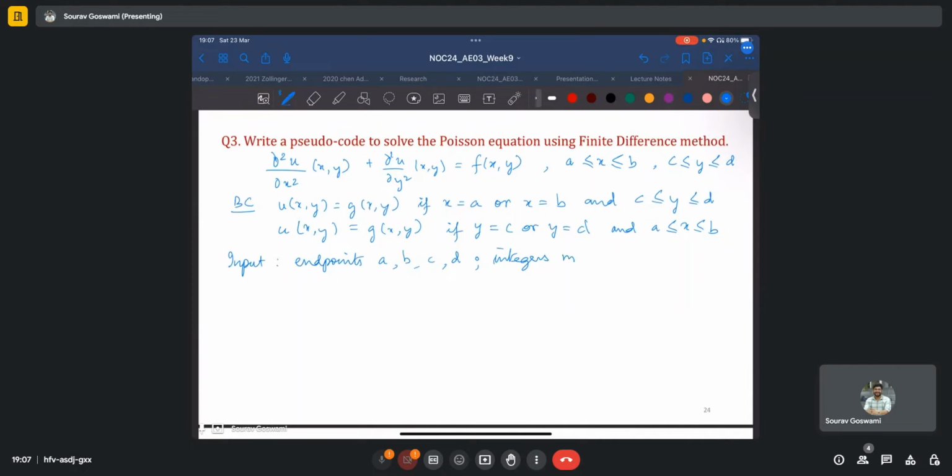So M and N, and this code is designed so that there are at least three subdivisions. The maximum tolerance, denoted by the variable tol, which is the acceptable accuracy of the solution, and the maximum number of iterations they're willing to perform.